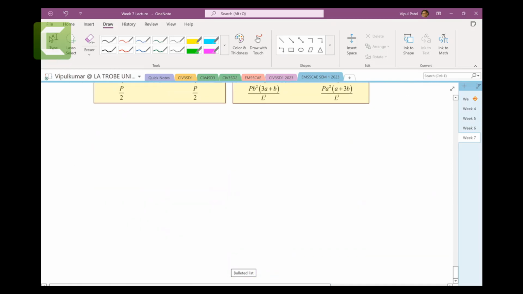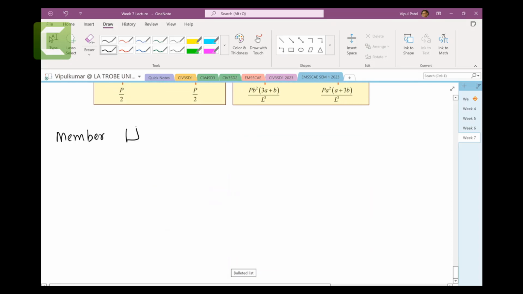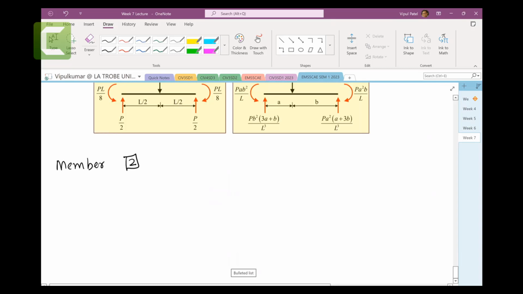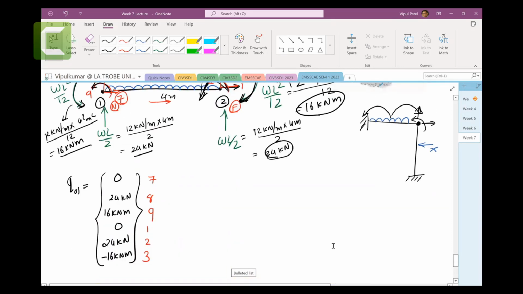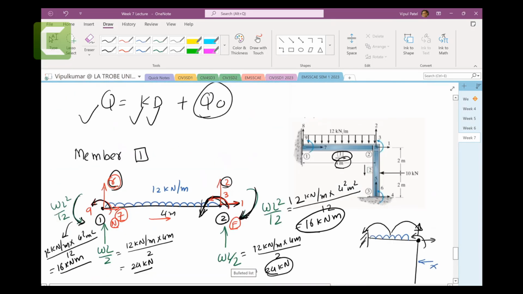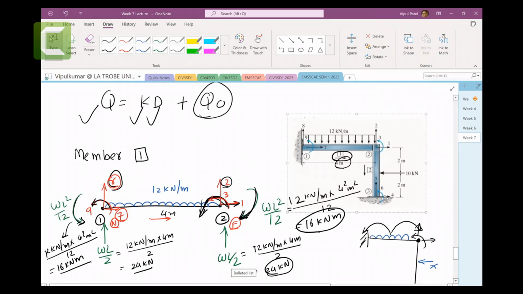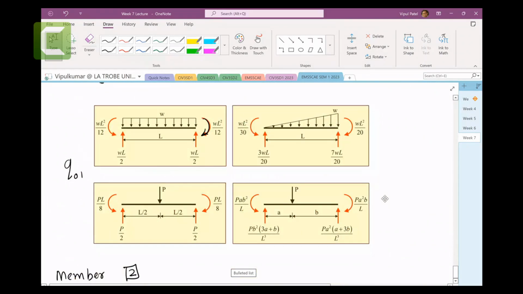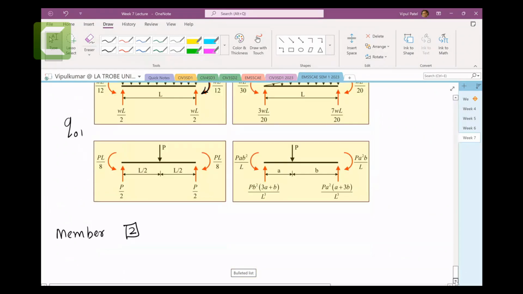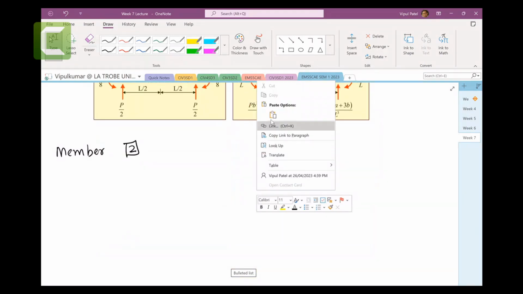Now similarly, we can do member number 2. I can give that figure again to draw it up. If there is no force applied, then you just take those as 0.